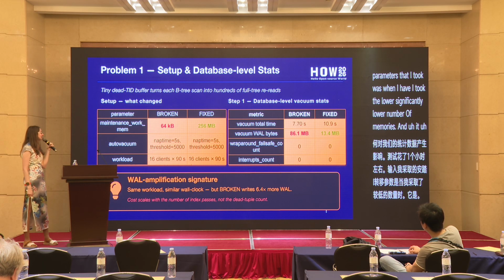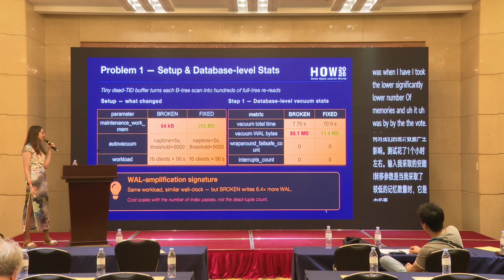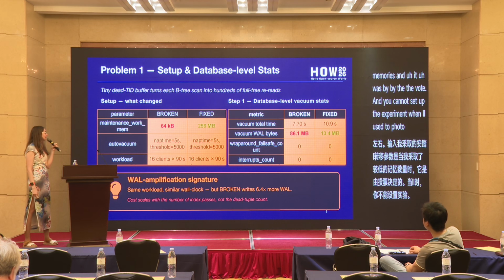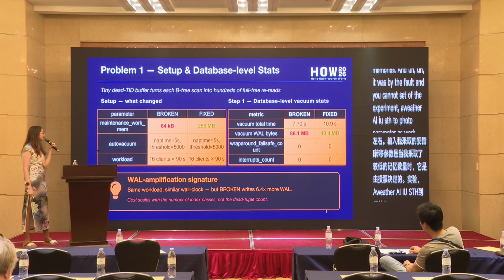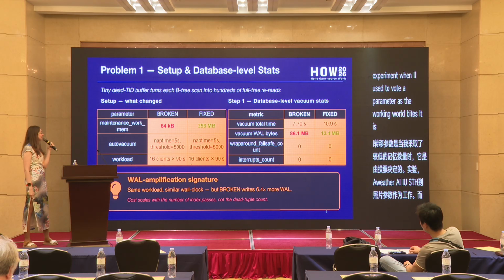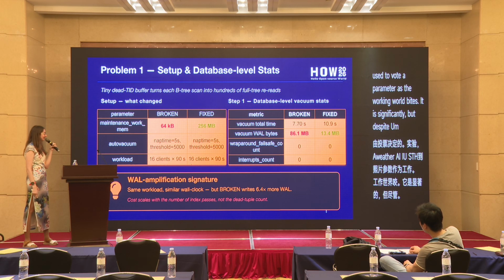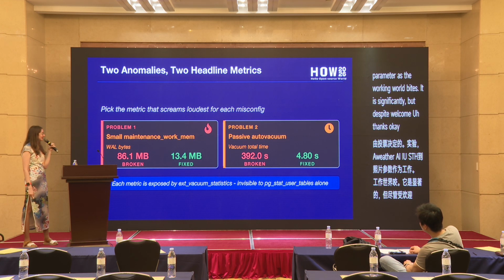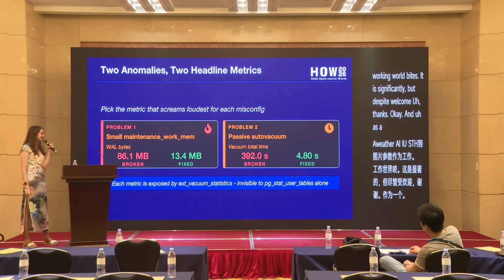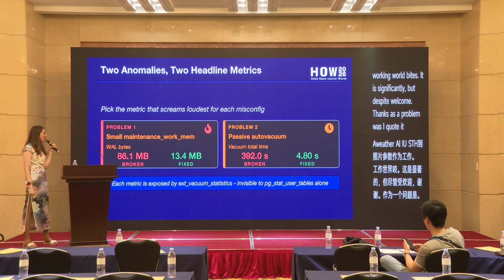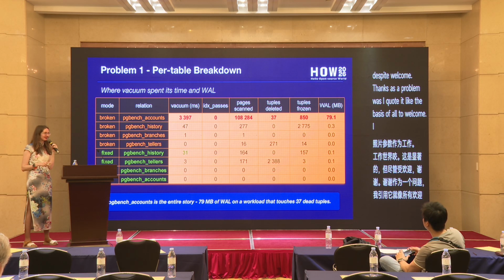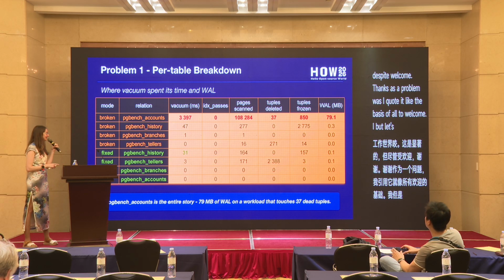And you can notice that after the fixed parameter, compared to when I used the default parameter, the vacuum WAL bytes reduced significantly. Another problem I called passive autovacuum, but let's consider the first case.